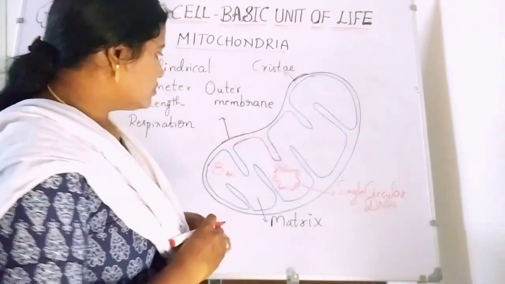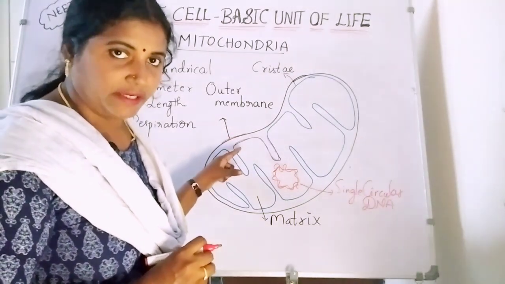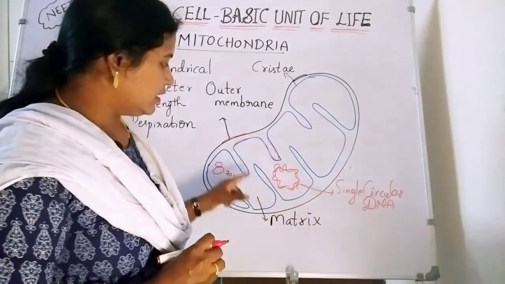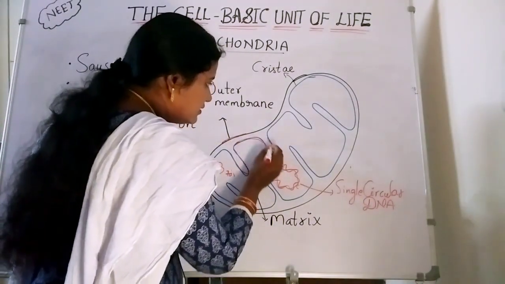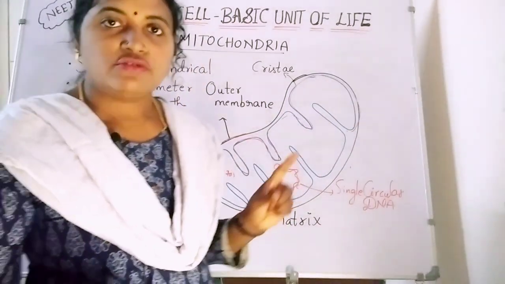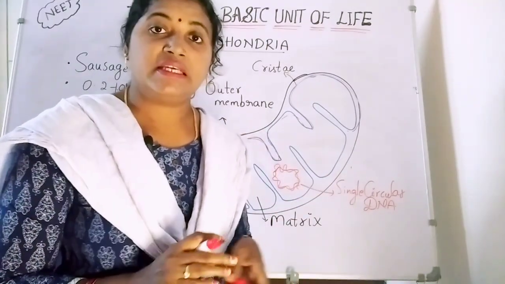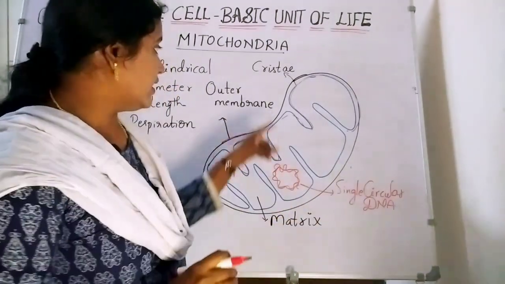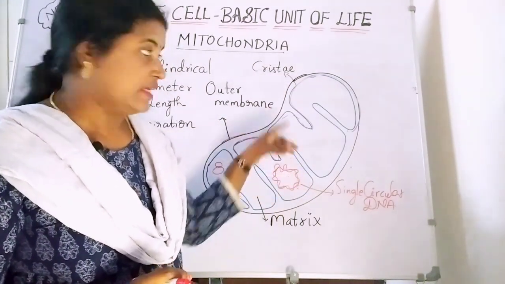The outer membrane is the outermost and covers the mitochondria, and the inner membrane contains fold like structures. These folded structures, the infoldings of the inner membrane, are known as cristae.